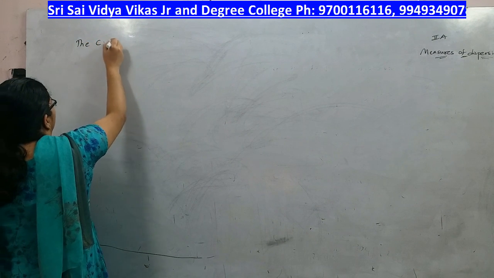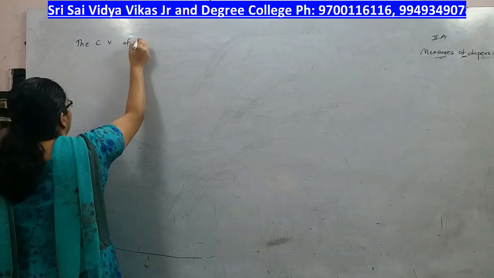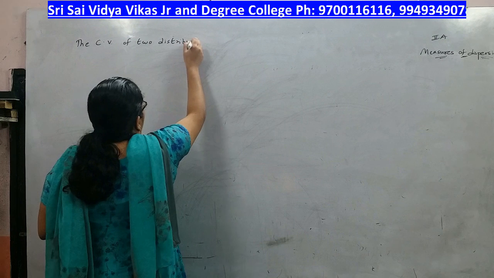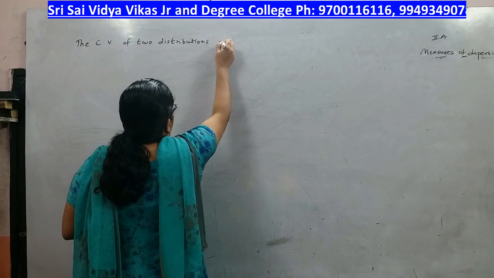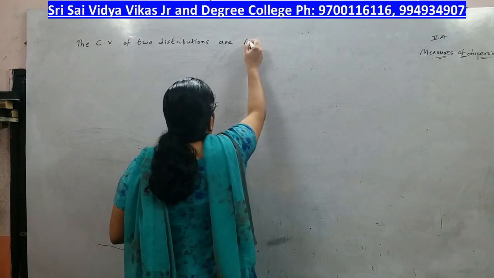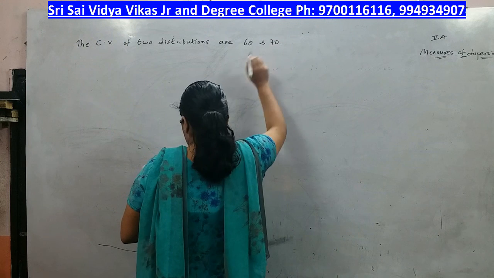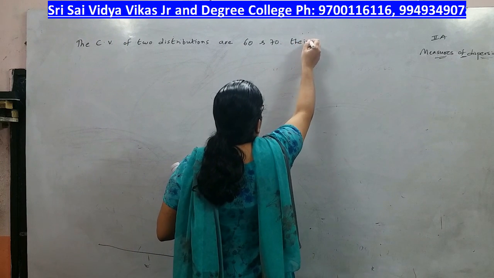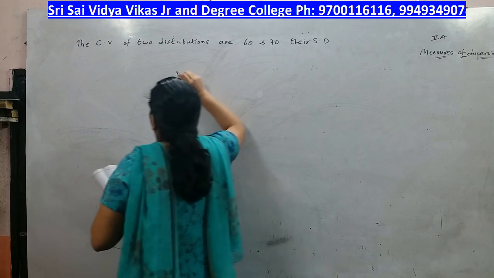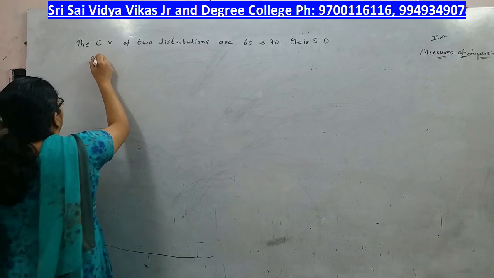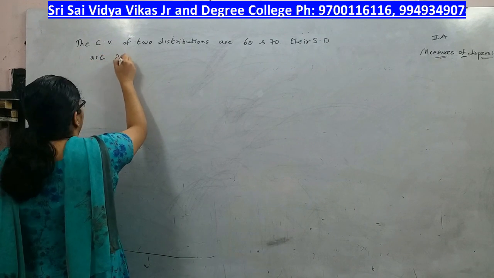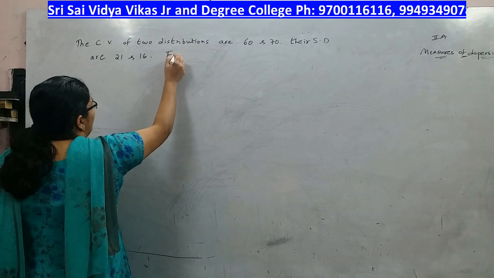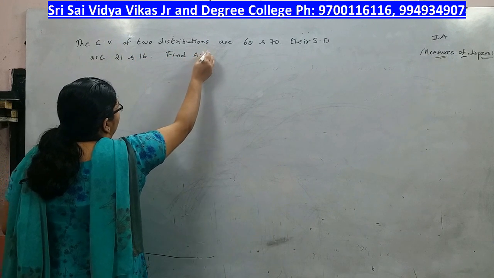The coefficient of variation of two distributions are 60 and 70. Their standard deviations are 21 and 16. Find the arithmetic means.